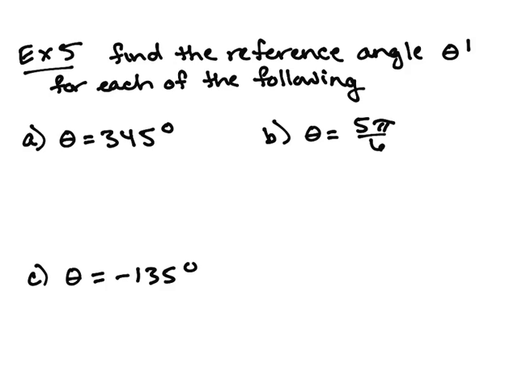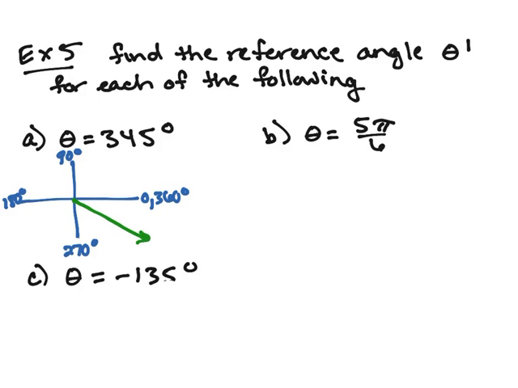Okay, so let's look at a couple of these and see how we find the reference angle. 345 degrees. Well, if we're in degrees, this is 90, this is 180, that's 270, and this is 0 or 360. So we start at 0. We go to 345 as our terminal side. So 345 is going to be somewhere in between 270 and 360.